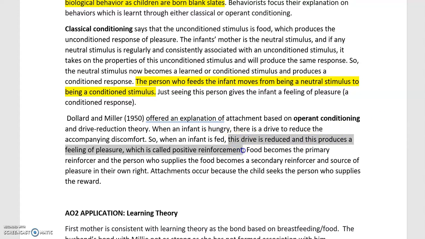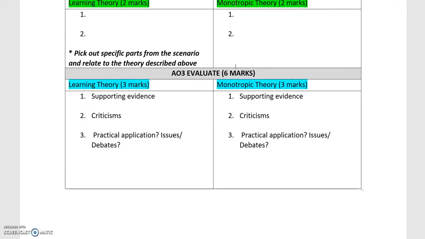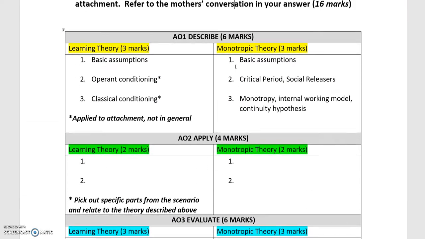So they've explained it there. So that would give me 3 marks out of 3 for describing learning theory. And I've annotated it. You can see that I've got 3 marks, 3 yellow pieces. So I want you to go through the essay using the template above and annotating it.